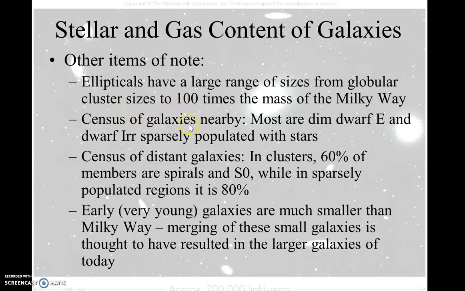So if you just look at the nearby galaxies, that's in the local region of the universe, we see a lot of dim dwarf elliptical galaxies and some small irregular galaxies as well. And when we look at what are called clusters, about 60%, a little more than half, are spirals and these S0 type galaxies.